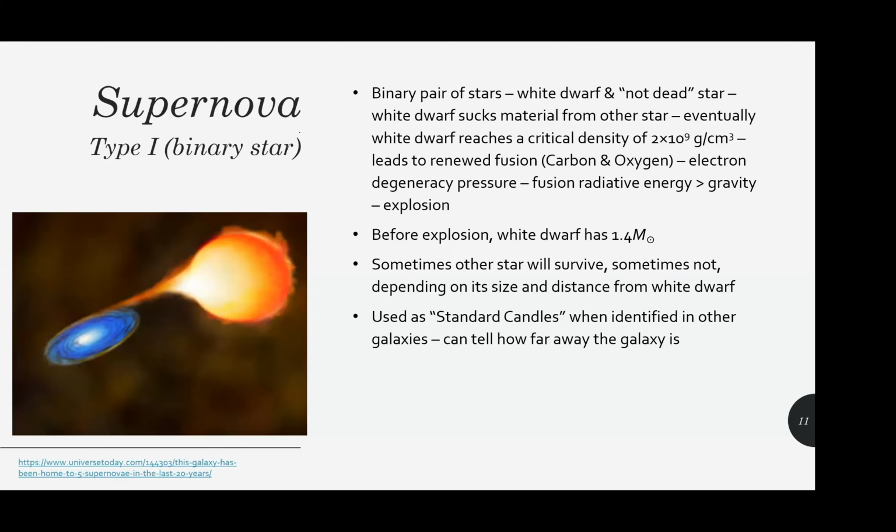So we can compare the absolute magnitude, what we know it should be, to the apparent magnitude, what we see it as. And that lets us determine how far away a galaxy is, and the speed at which it's moving relative to us. So that has led to tons of increased understanding of the mechanics of galaxies and how they interact with each other in the universe.